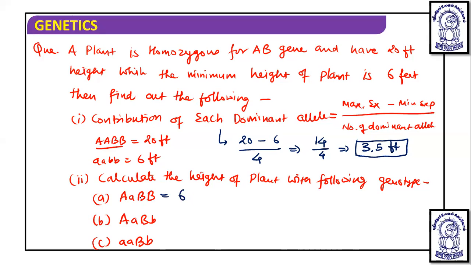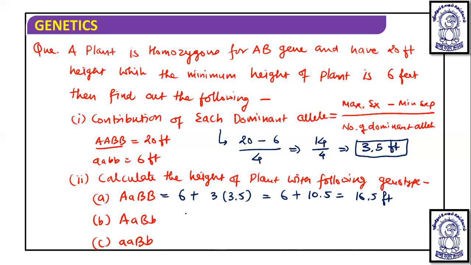But how many dominant are there? 3 are dominant. So we multiply 3 by 3.5, which is 10.5. So 6 plus 10.5, it is going to be 16.5 feet height with this genotype.